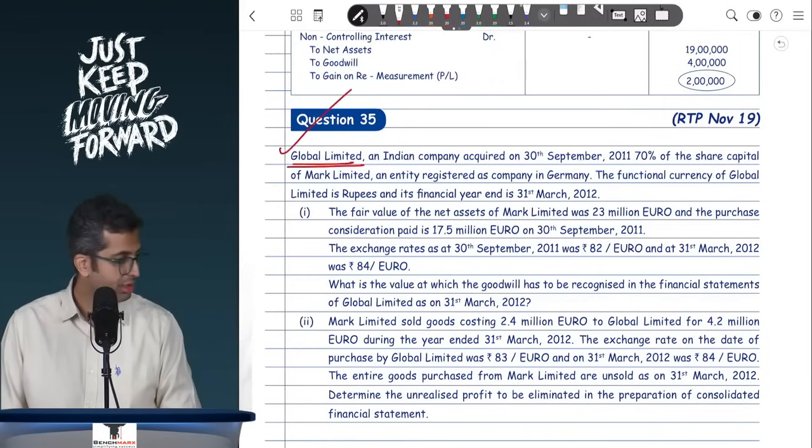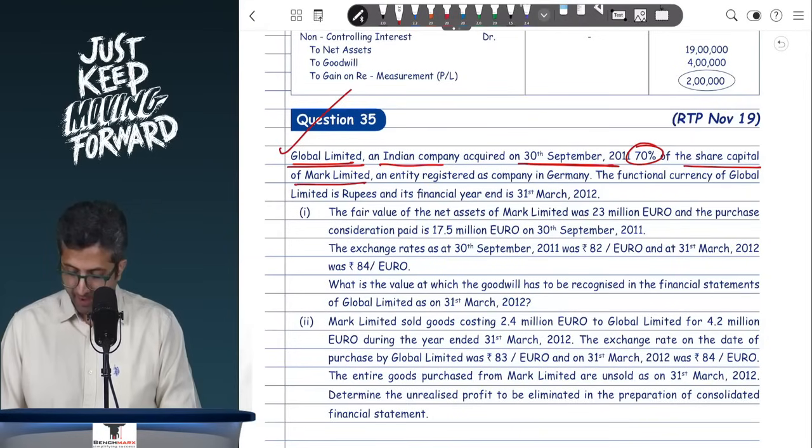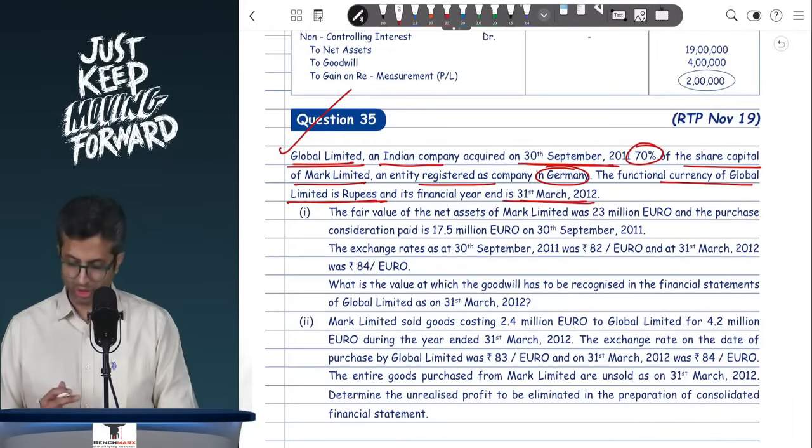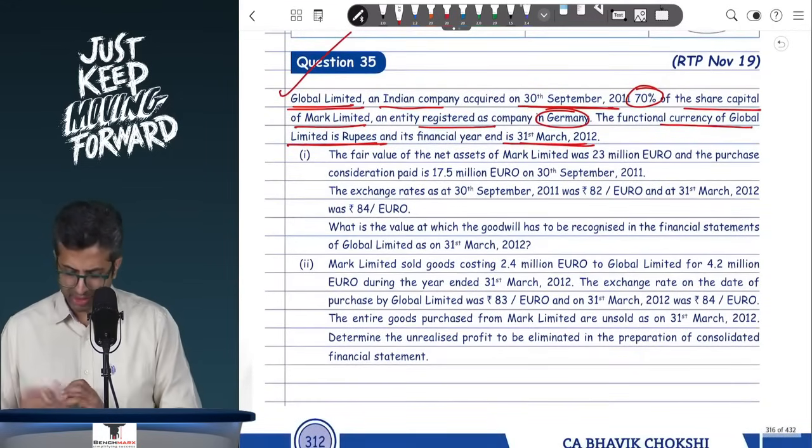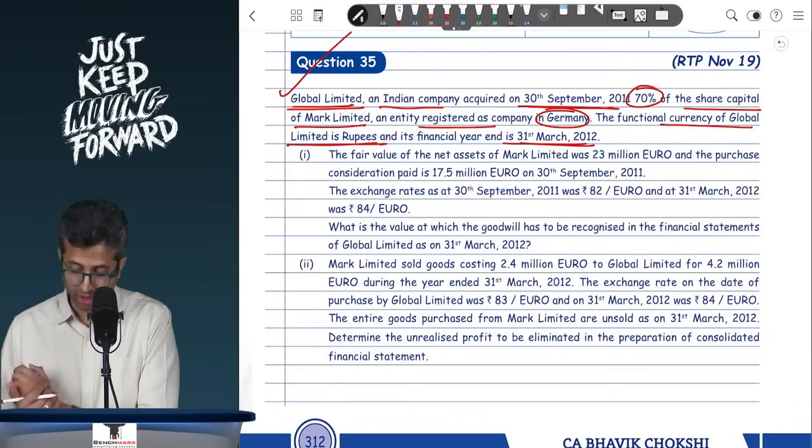Global Limited, an Indian company, acquired on 30th September 70% of the share capital of Mark, an entity registered as a company in Germany. The functional currency of Global Limited is the rupee, and the financial year end is 31st March 2012. So I've acquired a 70% stake, so I've acquired control on 30th September.